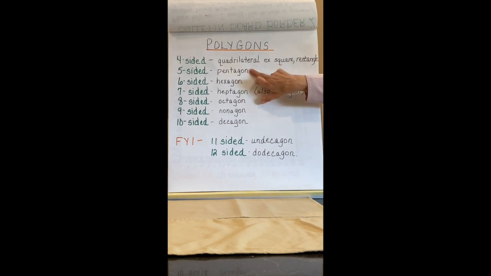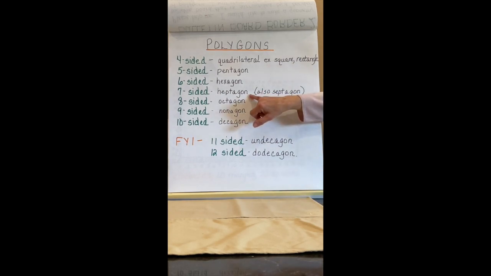Do you know what a 5-sided is? A 5-sided is a pentagon. Pent means 5. Hexagon is a 6-sided. I always used to tell my students it has an X in it like 6. The 7-sided figure has 2 names. It's a heptagon, or they also call it a septagon.